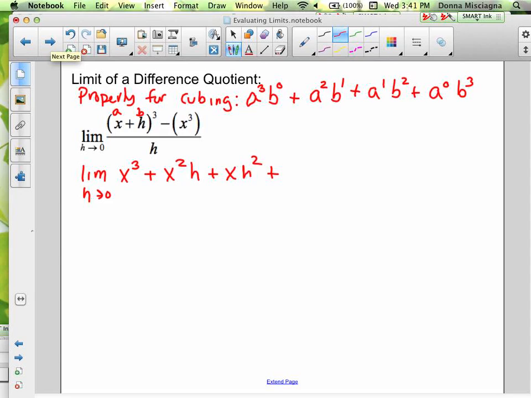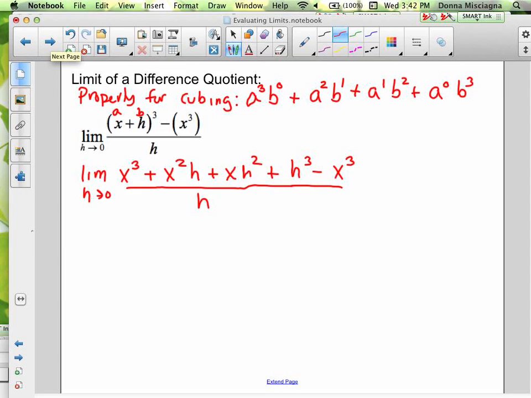And now we would have x to the 0, right, because going down, and h cubed. But really, is there any point in writing x to the 0? That's just 1. 1 times h cubed is still h cubed. Oh, and then don't forget, minus x cubed all over h.